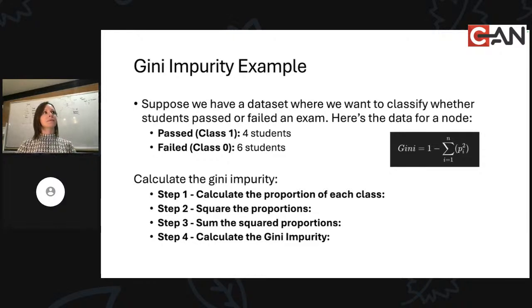So the proportion would be 4 out of 10 and 6 out of 10, right? Yes. So then we square them. And then we add them together. And then we take 1 minus that value.